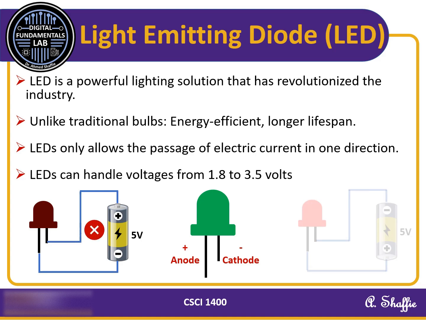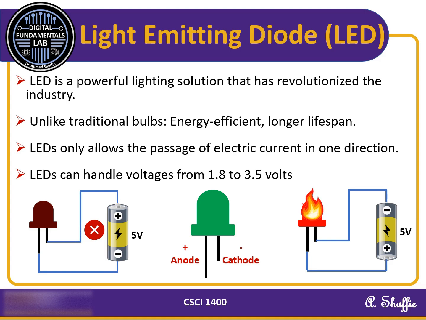When I flip the battery around, the LED does light up, but there is still a problem. The battery provides 5 volts, as you see here, while the LED can only handle up to 3.5 volts. This excess voltage could damage or even burn out the LED.